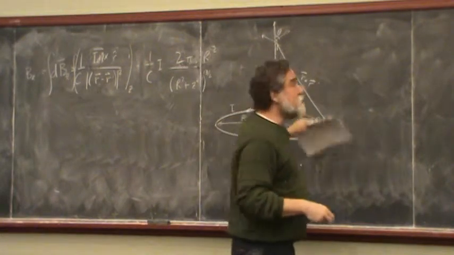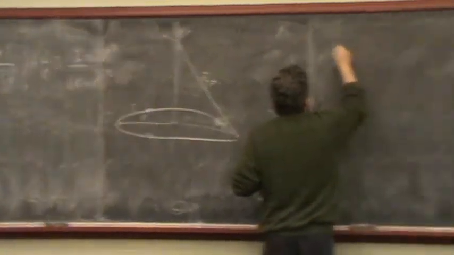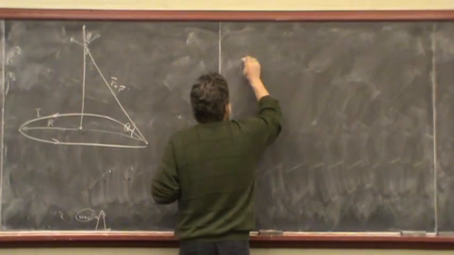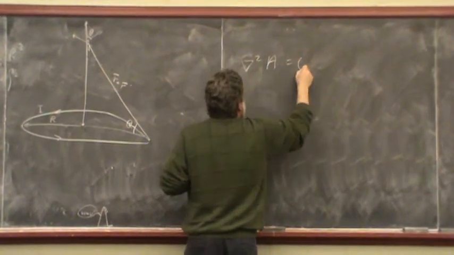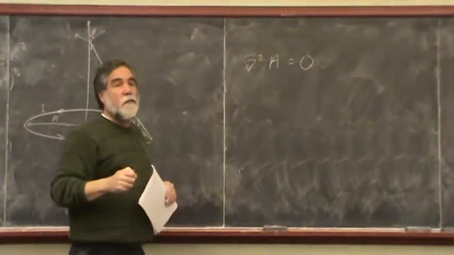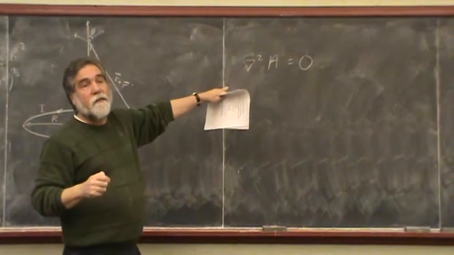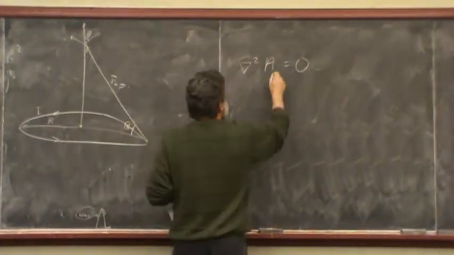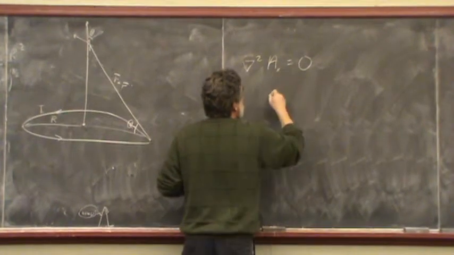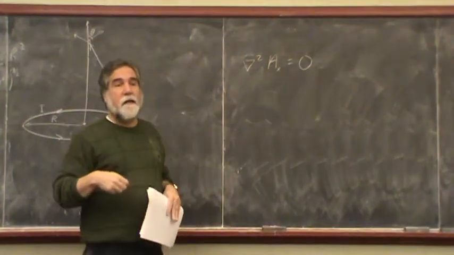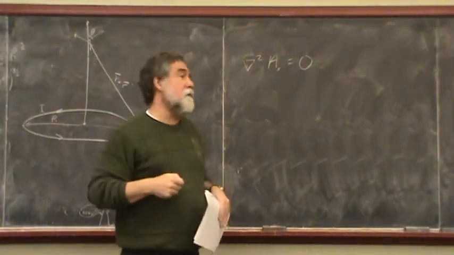And that's actually to use the Laplacian solution for what we call now the scalar potential. Each of the components, x, y, and z, of A obeys that.